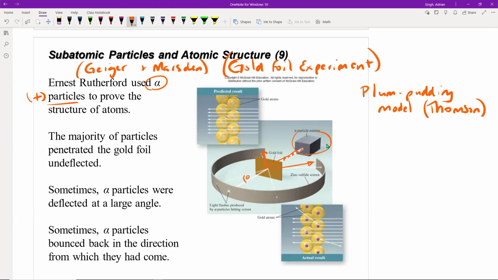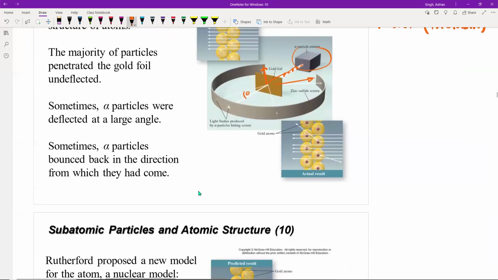But it was very important because what it told them was that even though it didn't happen a lot, it did happen. And it gave them an idea of what the atom actually was made up of and where the components of the atom were actually found.